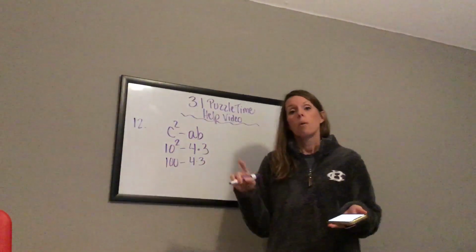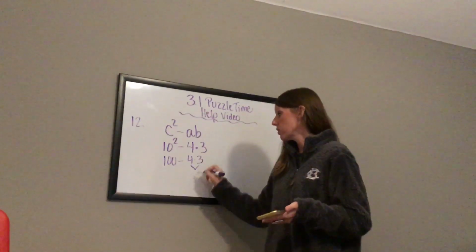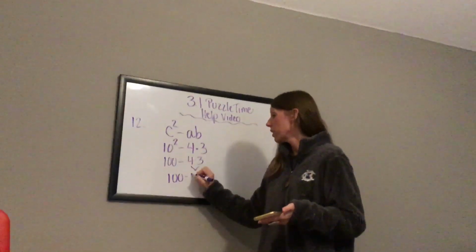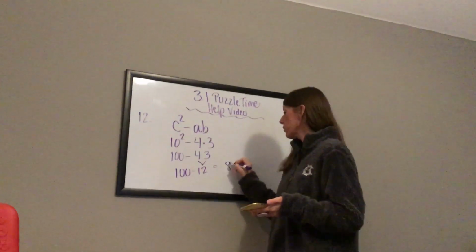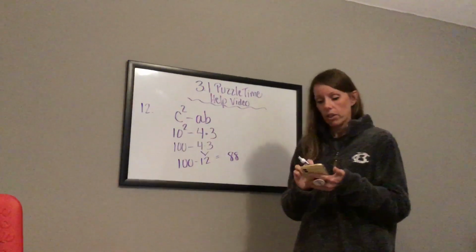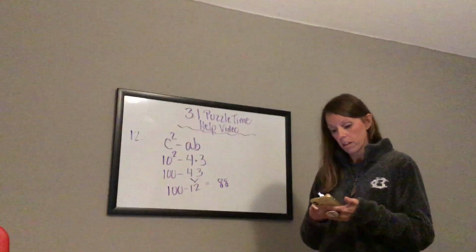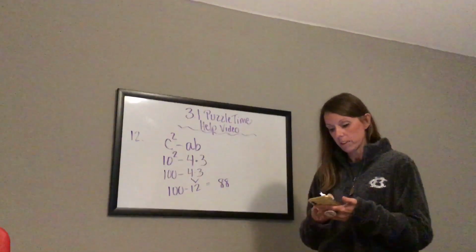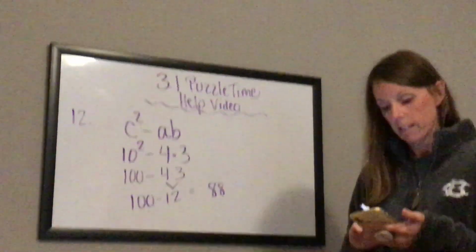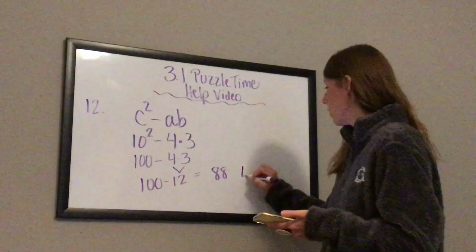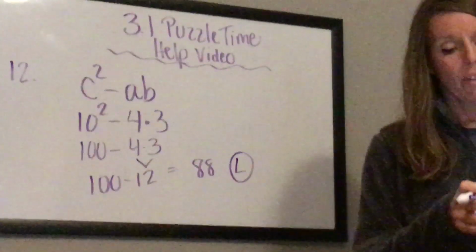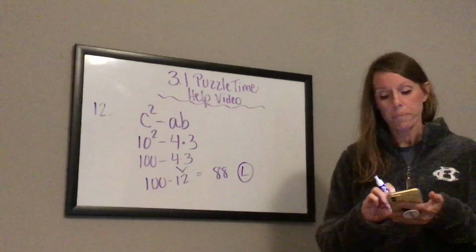Then remember, multiply and divide comes next. So that's going to be 12. And then you do 100 minus 12 and you get 88. So we look over to the answer box. And I'm searching. I don't see 88. Oh, it's L. And so we know the answer to that one is L.